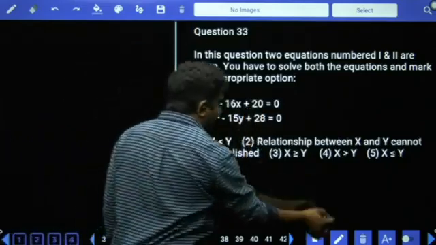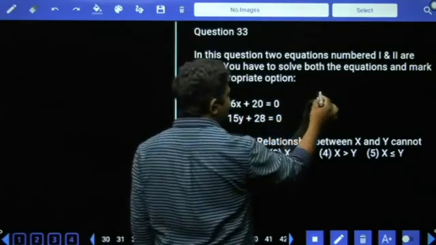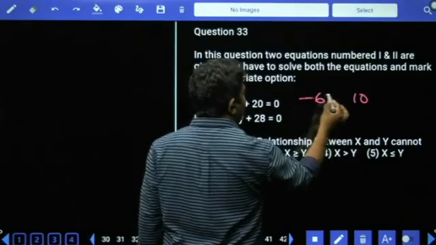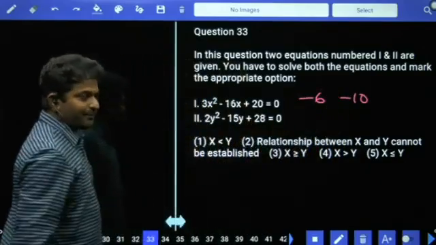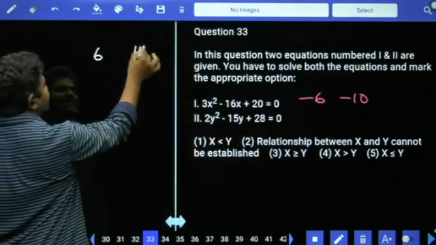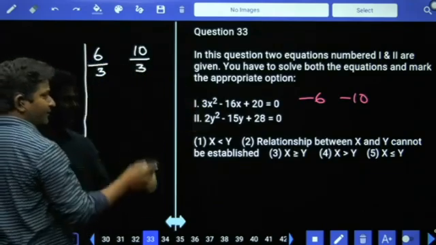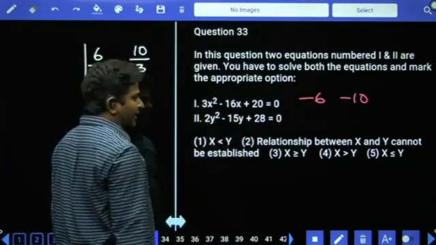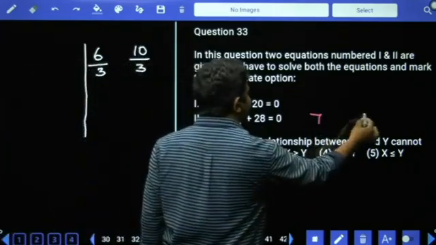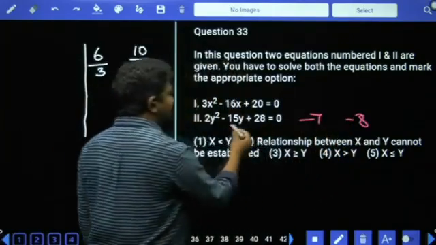Now 3 into 20, 60. 60 can be written as 6 into 10. Minus 6 minus 10, minus 16. Factors are plus 6 plus 10 divided by the coefficient of x square, that is equal to 3. 2 into 28, 56 can be written as 7 into 8. Minus 7 minus 8, minus 15.